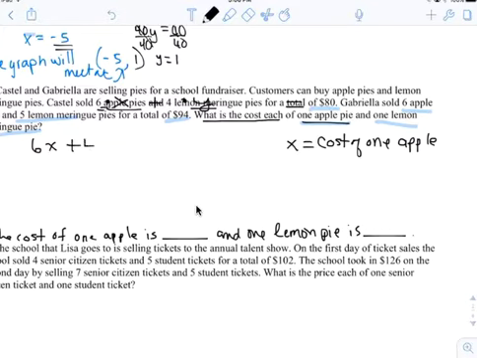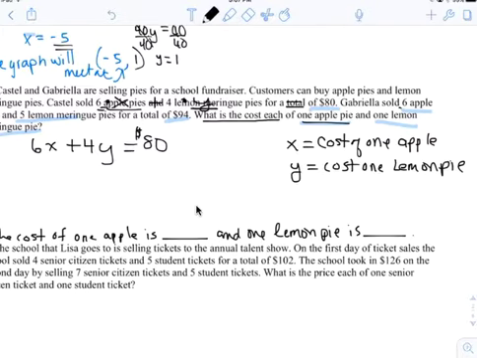Plus 4 times Y, the cost of 1 lemon meringue pie, equal to the total cost of $80.